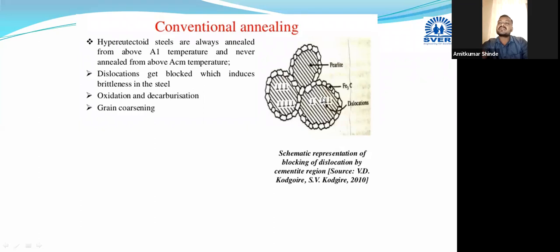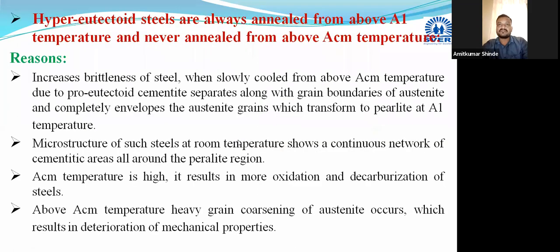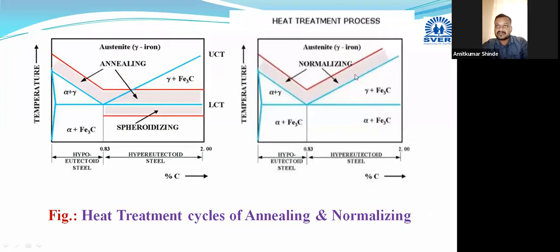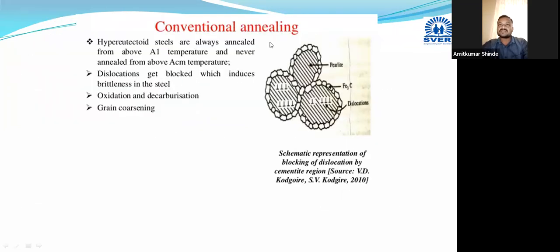Proeutectoid cementite will be formed, that is Fe3C. When you cool it from this region, the cementite will be formed during the cooling. During annealing, as very slow cooling is there, proeutectoid cementite will be formed, and it occupies the position at the grain boundaries.